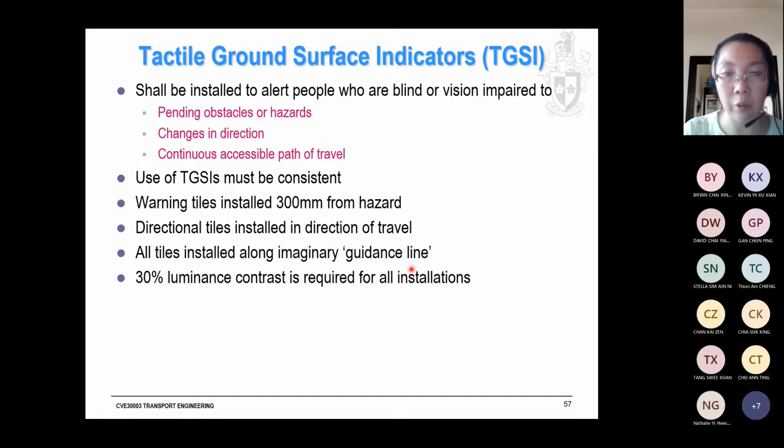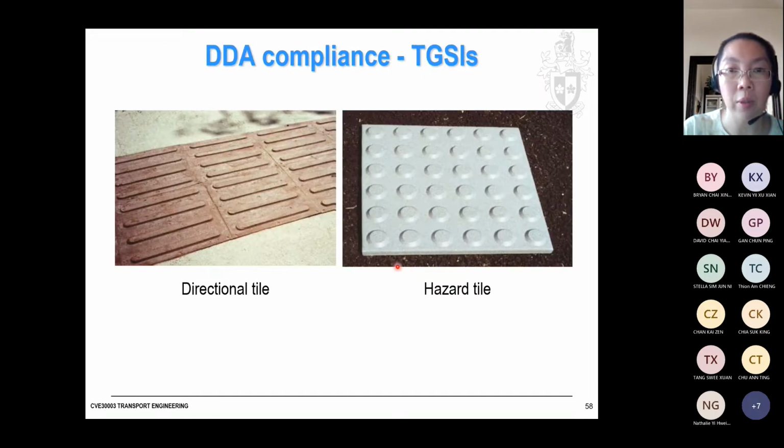If we look at this, these are tactile ground surface indicators. I think we do see this around us, just that we may not be aware of it before this. I hope that from now on, you are more aware of the function of these tactile ground surface indicators. We see these two types.